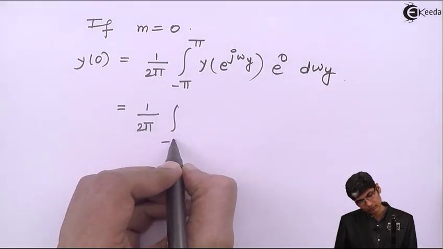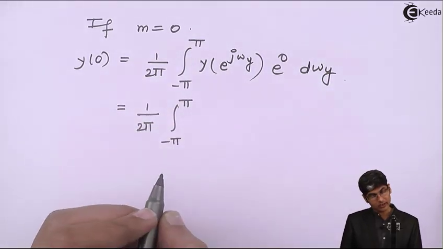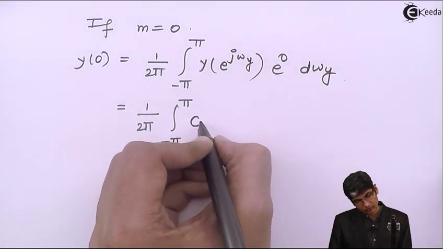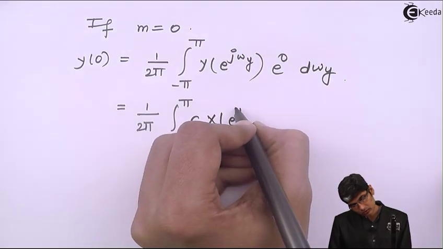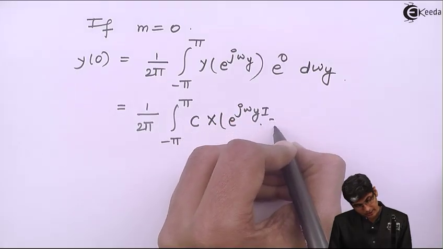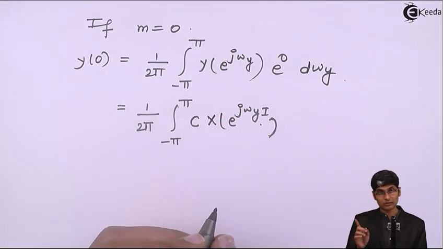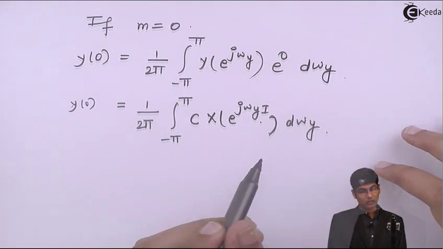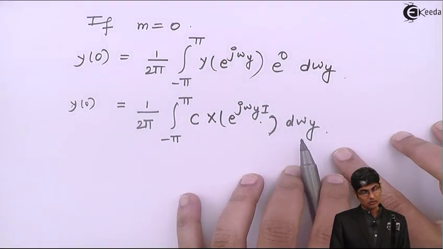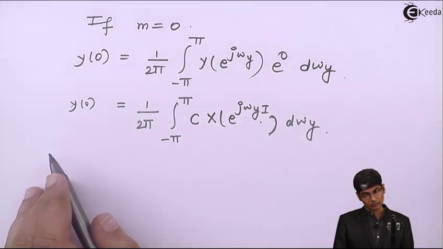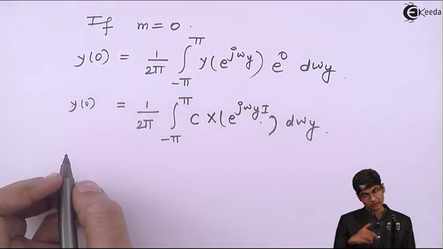Now what is y of e raised to j omega y? It is nothing but c times x of e raised to j omega y I, this is z raised to I, into d omega y. So we cannot proceed further, so we will change the variable and bring everything in terms of x.